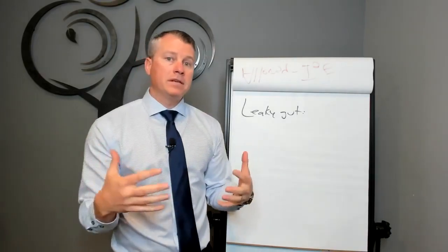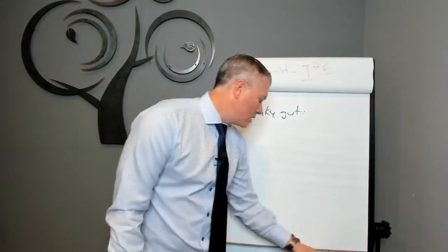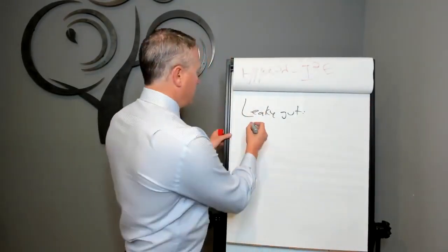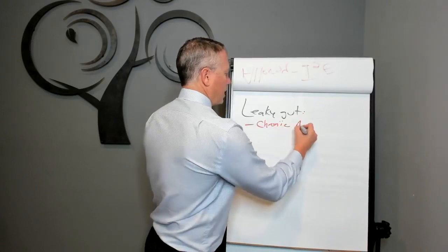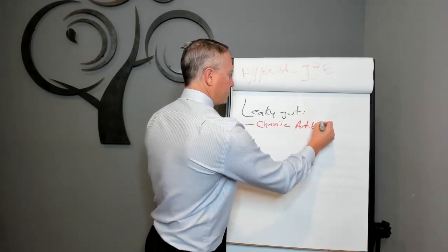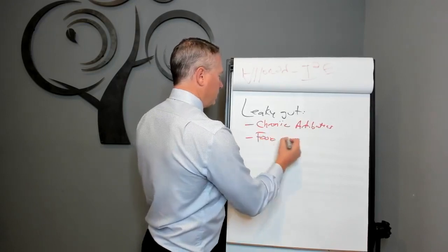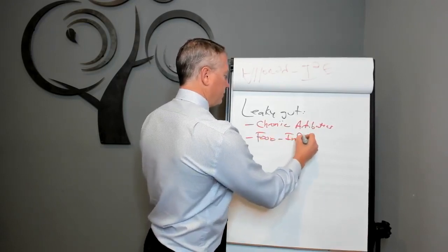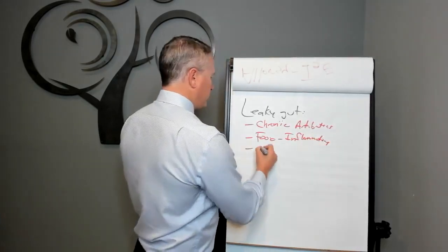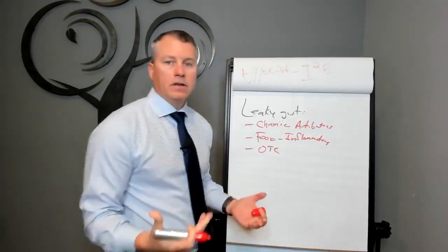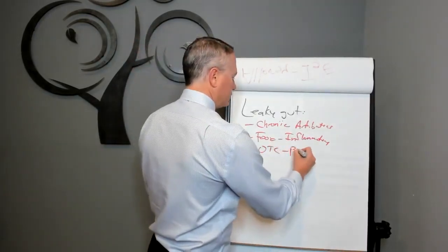But what happens is when you have these chronic issues, and chronic things that can cause leaky gut, by the way, can be chronic antibiotics. So taking multiple antibiotics, food that's more inflammatory. We could see other types of over-the-counter things like Advil, Tylenol, those sort of things, so we can say over-the-counter painkillers.